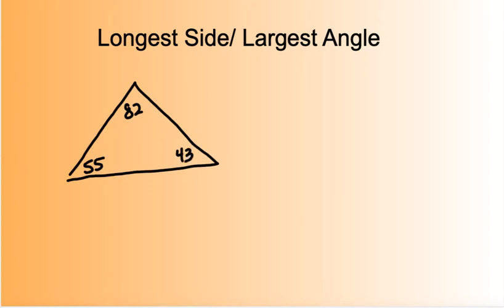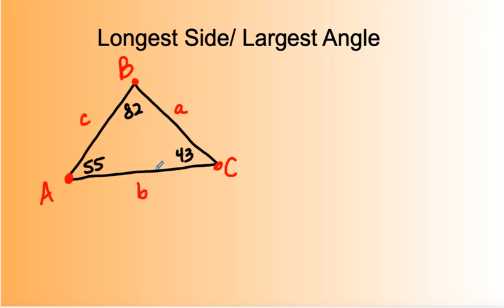Now I'm going to label this triangle A, B, and C. Now notice I used capital letters. Usually in geometry, or when we're talking about figures in math, if we give you capital letters as the vertices of the triangle, then the side opposite that angle, we'd use a lowercase letter. So for example, across from A over here, we would use a lowercase a. Across from C, we'd use a lowercase c, and across from B, we'd use a lowercase b.